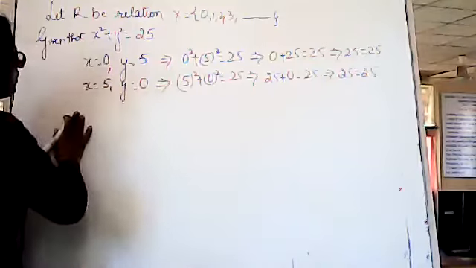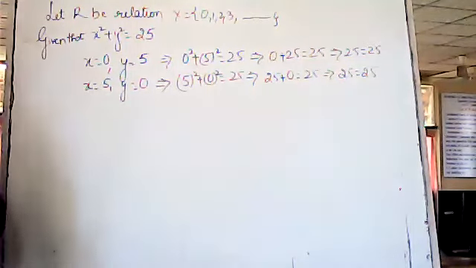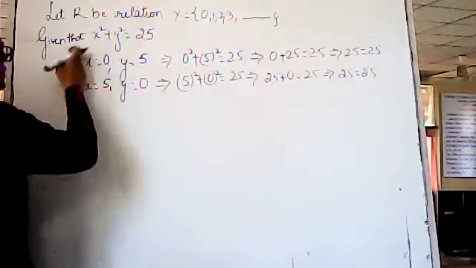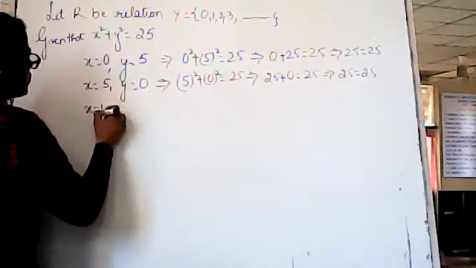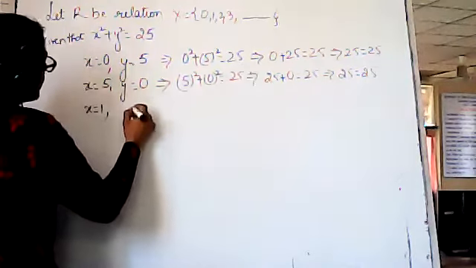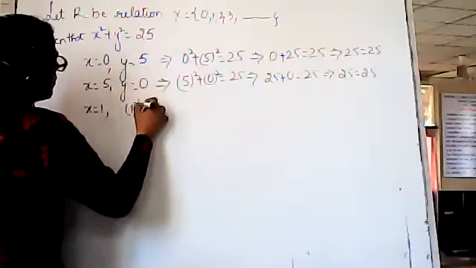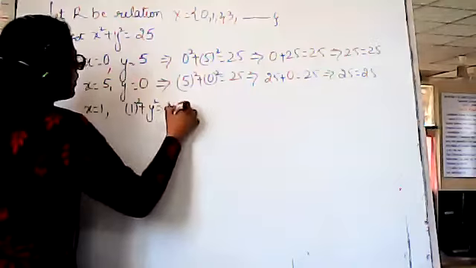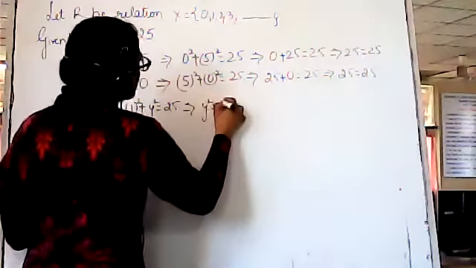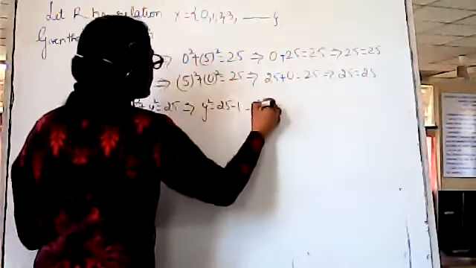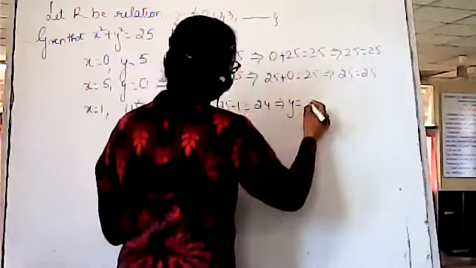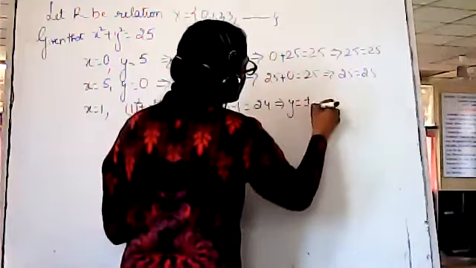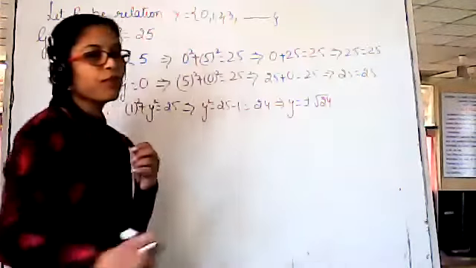After that, see, if we put x is equals to 1, then x is equals to 1. So what will be there? 1 square plus y square is equals to 25. y square is equals to 25 minus 1, that is 24, implies that y is equals to, don't write this, it is just for your information, plus minus under root of 24.